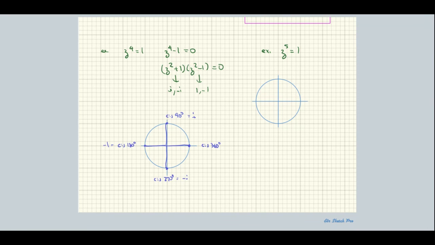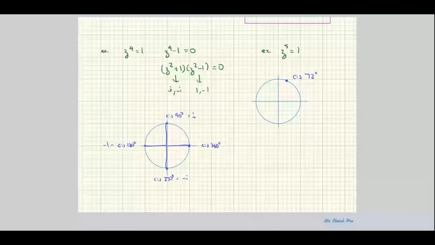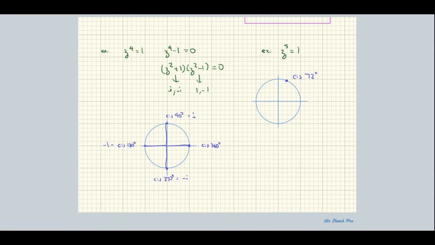So here's one of the solutions. Cis 72 degrees. Okay? And as soon as you've got that first one, you just start taking multiples till you get back to 360, and those are going to be the solutions. So cis 72, and I also got cis negative 72 down here.